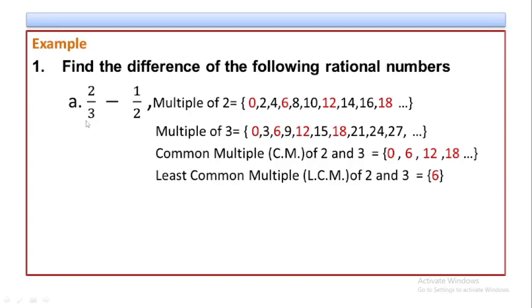So we can also determine it by just multiplying 3 and 2 to get 6, because they are consecutive and relatively prime numbers. So just by multiplying them, we can also easily determine the LCM of the numbers.